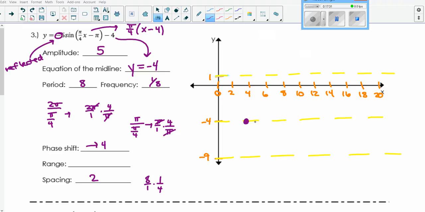Okay, so we're going to go down. So I'm going to count 1, 2, 3, 4. So this is where I should finish. 1, 2, 3, 4, and that's where I should finish. So I'm going to go down, back up, which brings me back down to here. And then I'm going to go down, back up, which brings me back down. Connect your points.